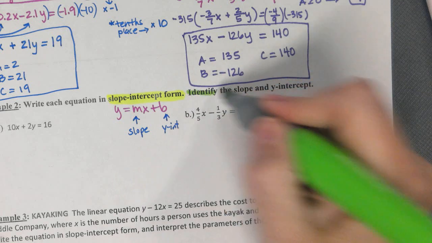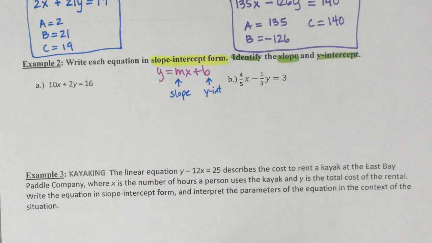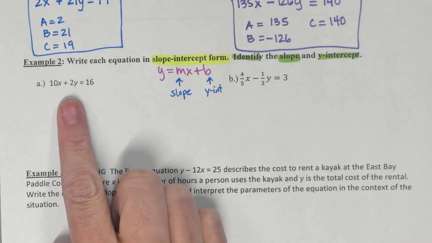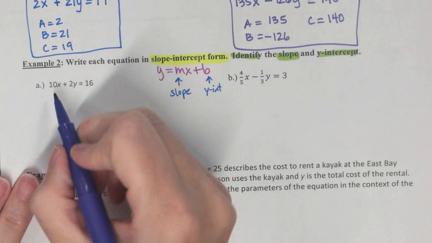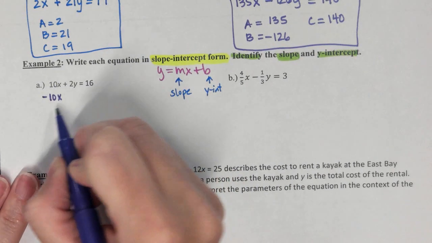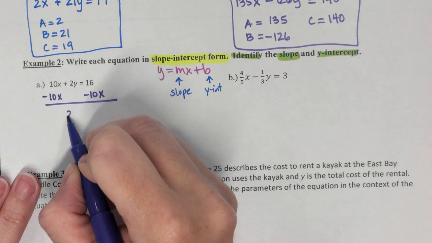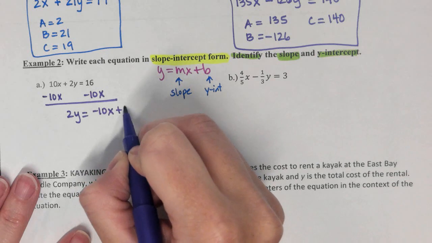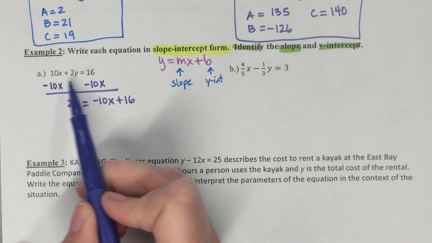So we'll do that. So if I am getting it in this form, really I'm just solving this equation for what variable? Y. I'm just getting y by itself. So the first thing you should do is move over the 10x. Did some of you divide by the 2 first? Okay. And this one, you could divide by 2.